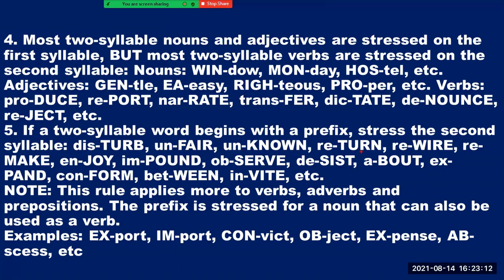When you turn, that's something. But when you return, it has the meaning of turning again, all right? Return, rewire, remake, rejoice, impound, observe, desist, about, expand, confirm, between, invite, and so on and so forth.